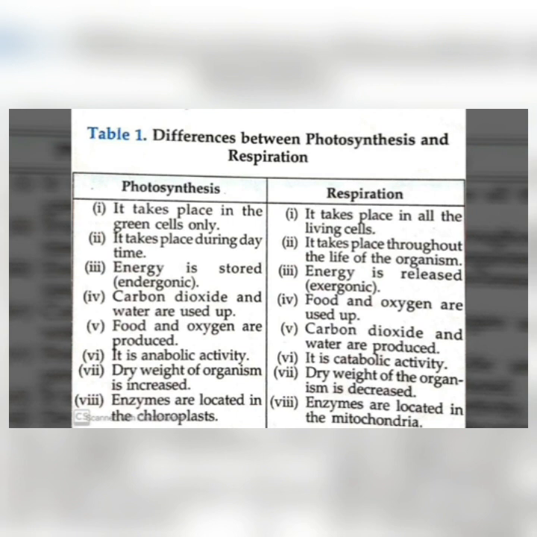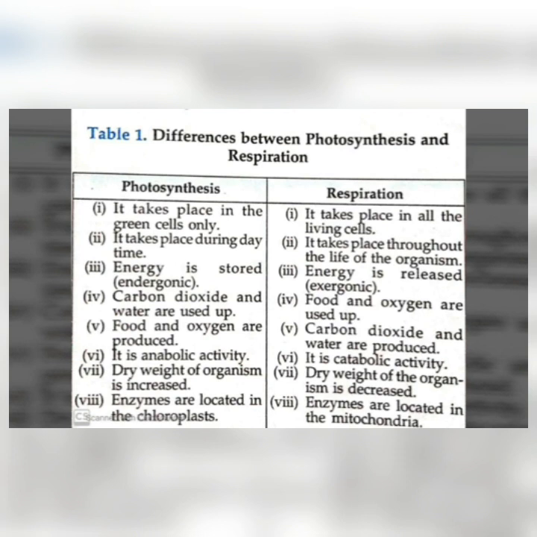Enzymes are located in chloroplast in photosynthesis, whereas in respiration enzymes are located in mitochondria. Respiration takes place in all living cells and photosynthesis takes place in green cells only, living green cells.